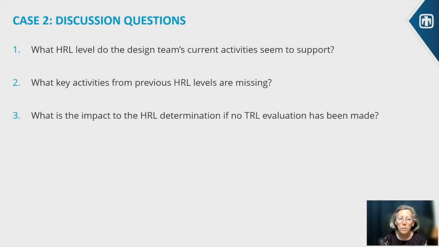So the questions for this scenario: what HRL level do the design team's current activities seem to support? What key activities from previous HRL levels are missing? And what is the impact to the HRL determination if no TRL evaluation has been made?